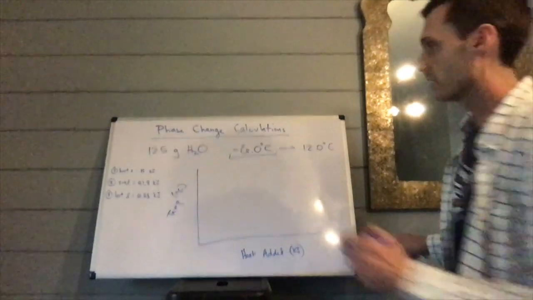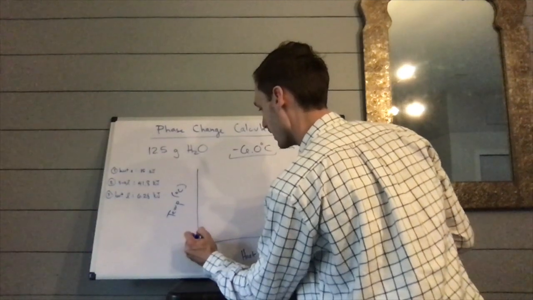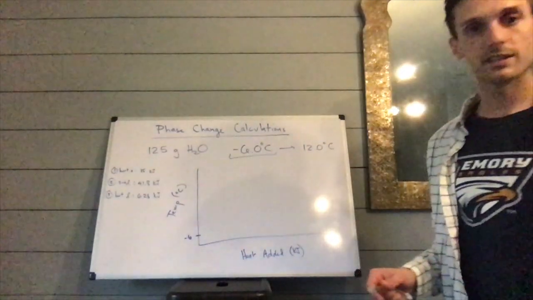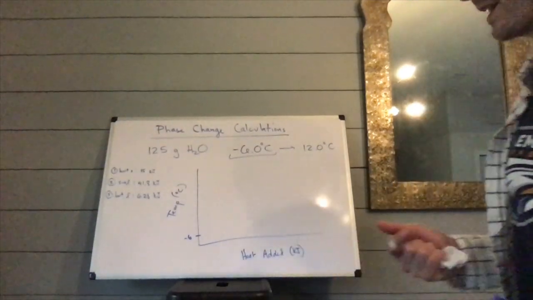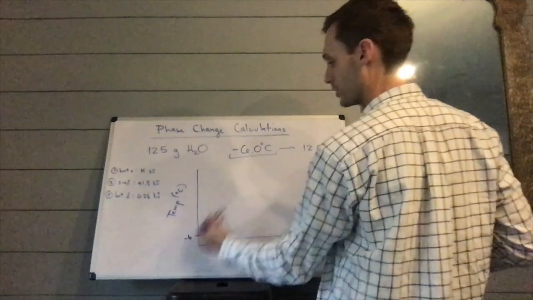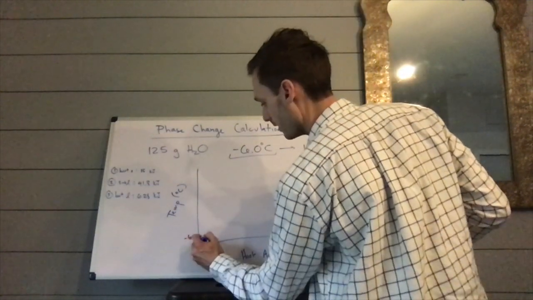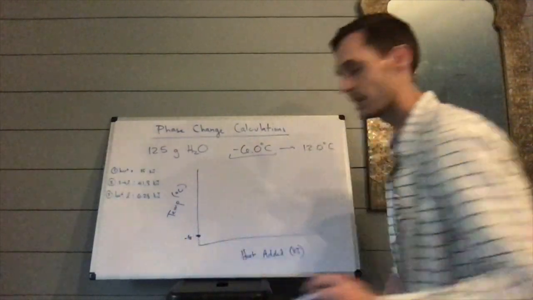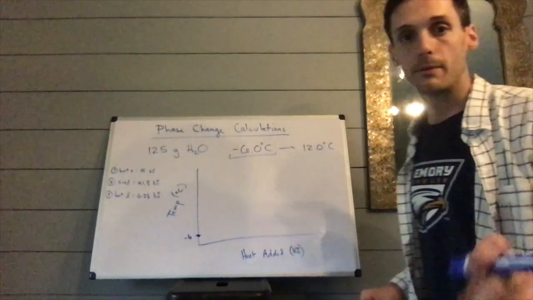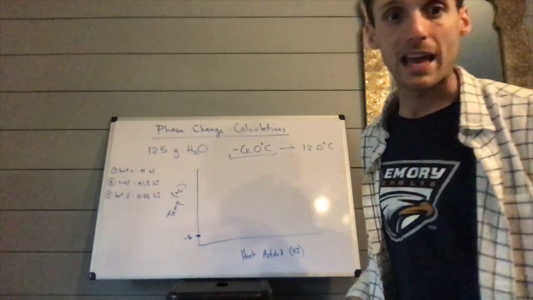Now, we started this process at -6 degrees Celsius, so I'm just going to put that randomly. It doesn't really matter where you start it, but since we're going up in temperature, I'm going to put that near the bottom, and that was the temperature that our 125 grams of water was at before we added any heat.